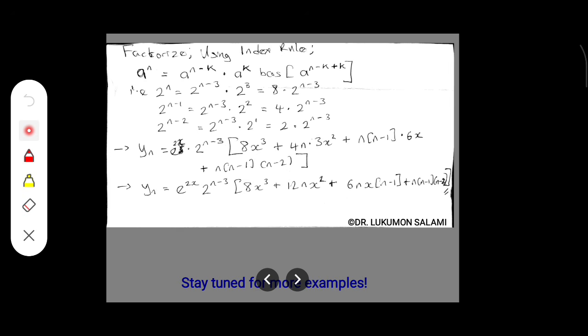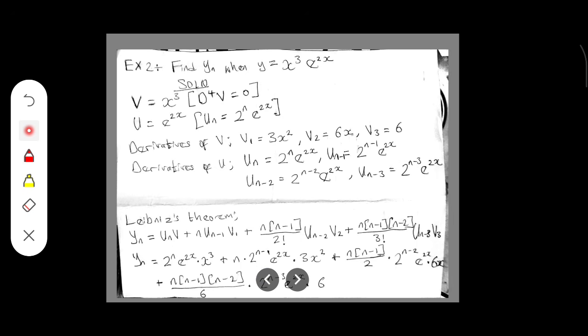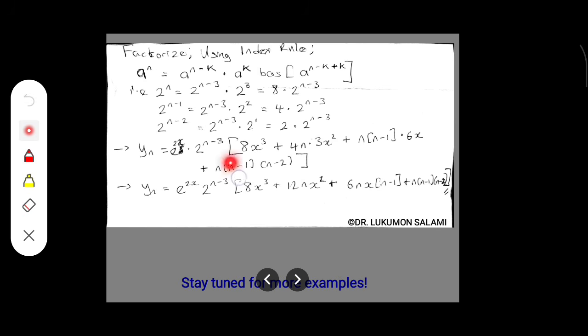Okay, 2 times 3 is 6x, then the n times n minus 1 also. And for the last term, the 6 at the denominator and the 6 at the numerator cancel out. Then exponential 2x also cancels out, and 2 raised to the power n minus 3 also cancels out. So I'm left with n open bracket n minus 1 open bracket n minus 2, and that's what I wrote here.